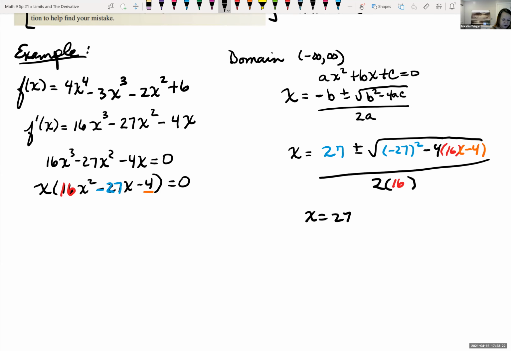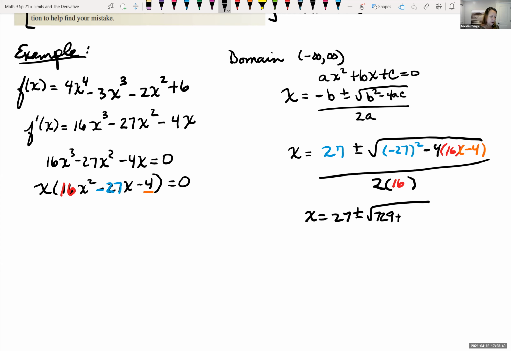So we get 27 plus or minus the square root. I'm going to square negative 27, which is the same thing as 27 squared, and that's 729. Minus a negative times a negative is positive, and we have 16 times 16, because 4 times 4 is 16, times that 16.